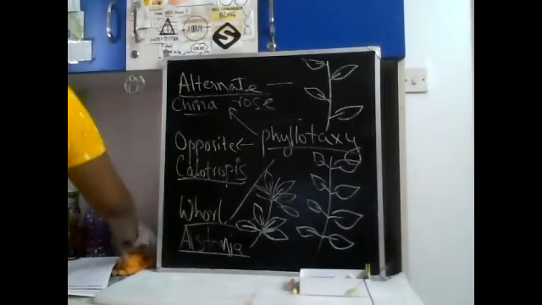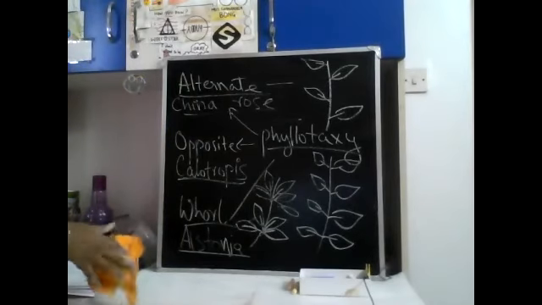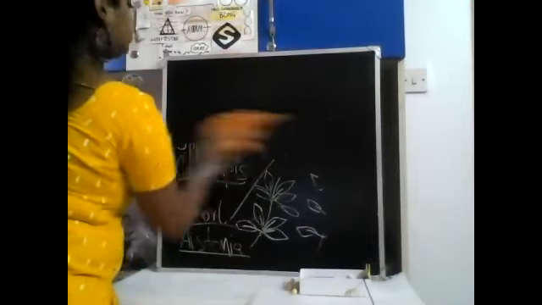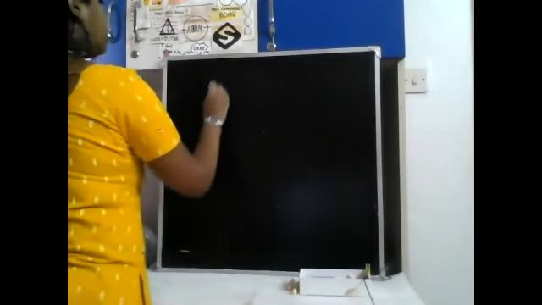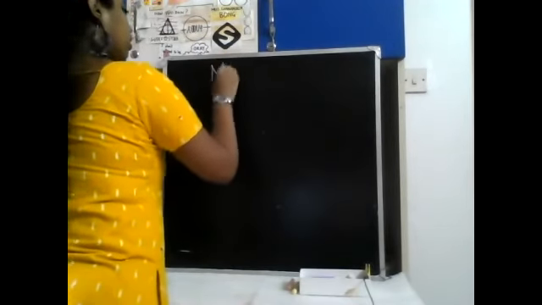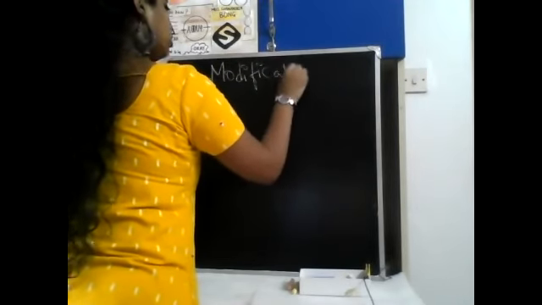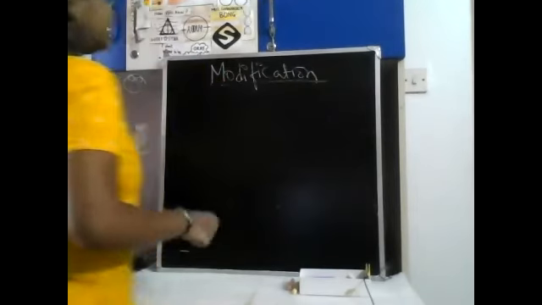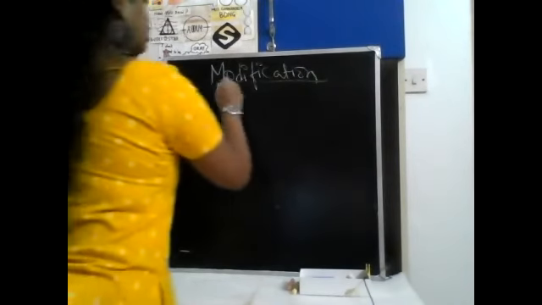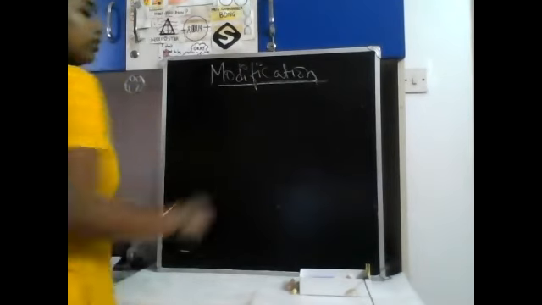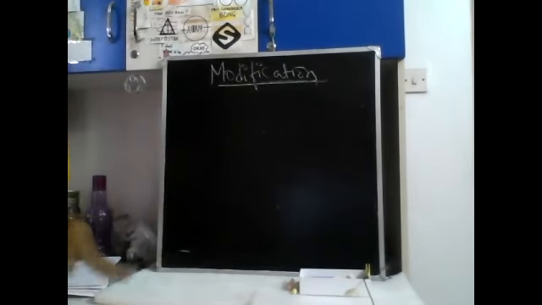Okay, we'll look at modifications in leaves. Okay, so modifications in leaf systems. For example, we'll start with three main modifications.